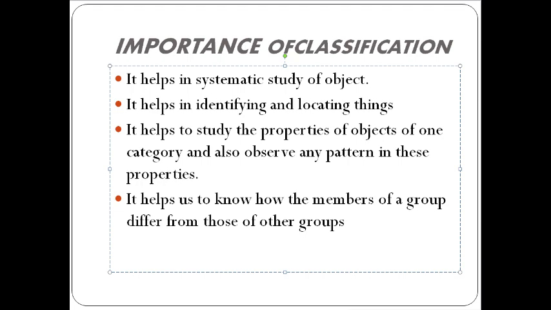If we want any utensils, then immediately we will go to the kitchen, because we know we can find them if the things are kept properly. It helps us to study the properties of objects of one category and also observe any pattern in these properties. Now, what is the importance of classification?